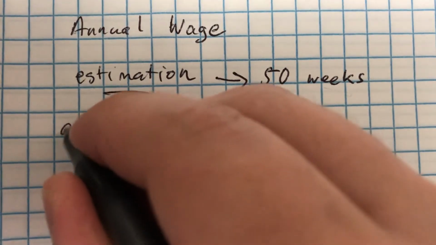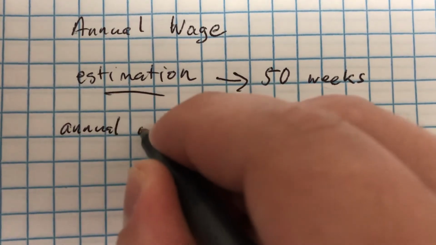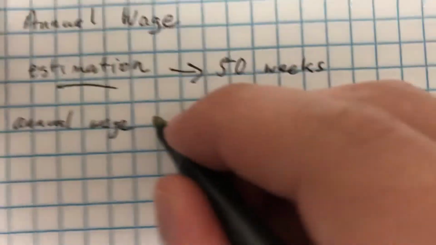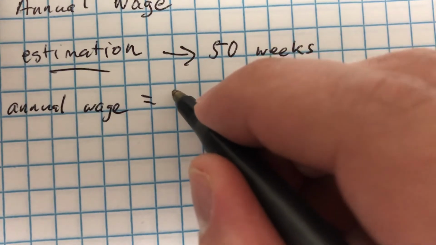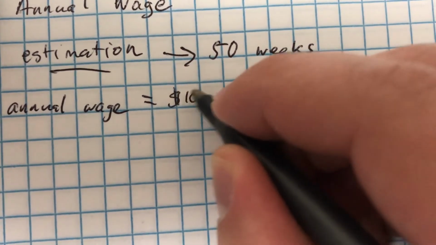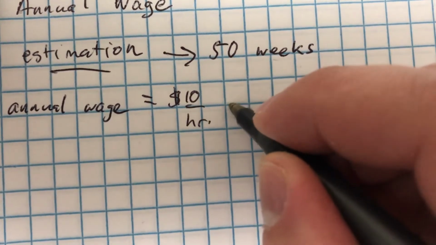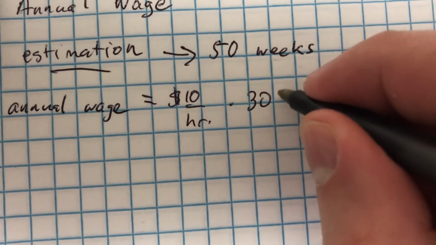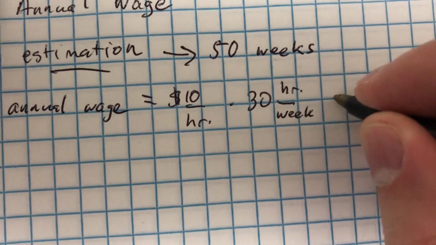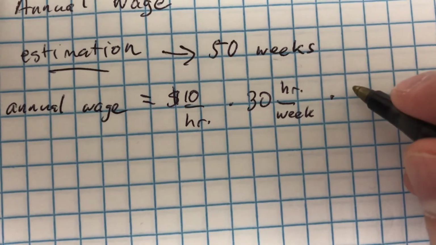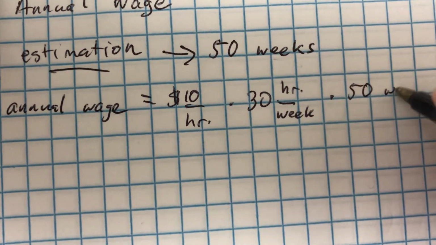So my annual wage would be equal to my weekly wage, which was $10 an hour for 30 hours a week, for 50 weeks. Okay?